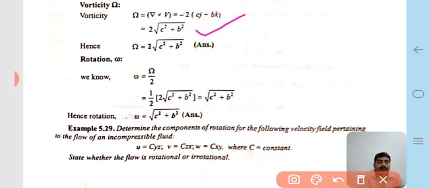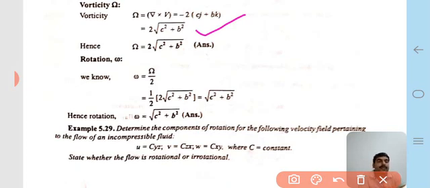Therefore the vorticity of that given fluid is 2 under root of (c square plus b square). This is the vorticity.